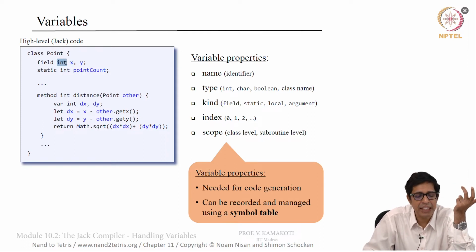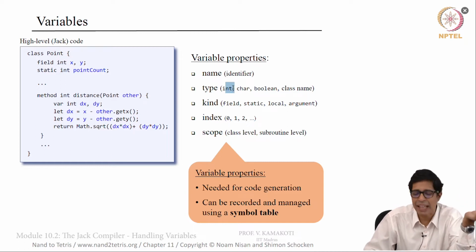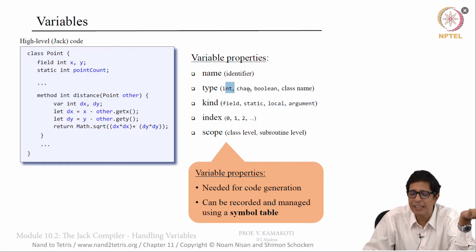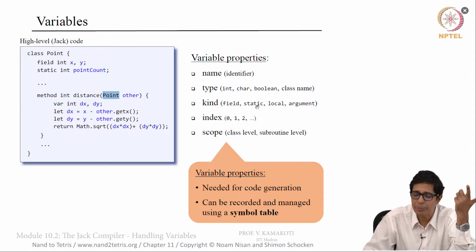In this case it is int, but in general in the Jack language we could have int, char, boolean, or another class name also. For example, for other, the type associated with it is Point, so it's a class name also. So int, char, boolean and identifier, if you look at the grammar, these are all the different types, right.